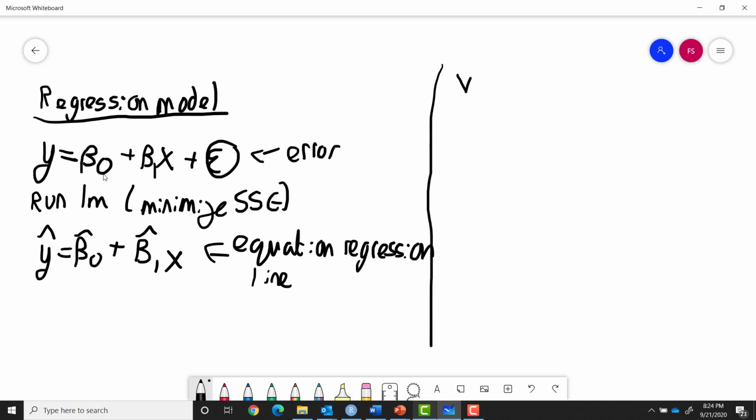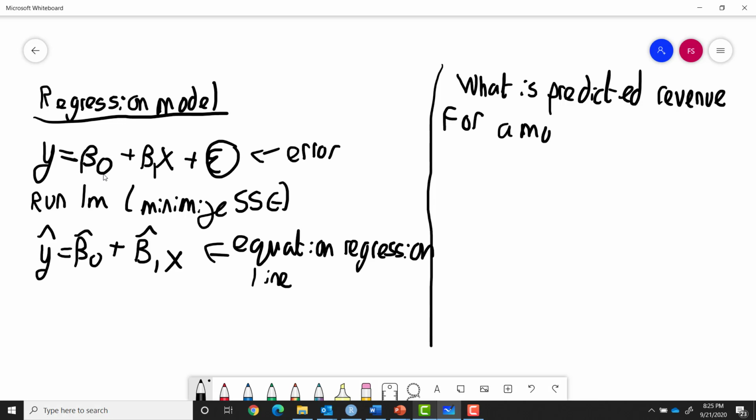What is the revenue for a movie with a tweet rate per hour of, which I'm going to put in brackets, tweet rate per hour equals 100?